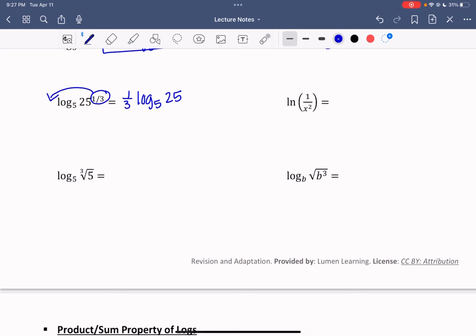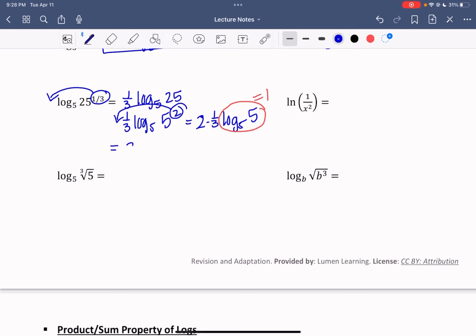But I've worked with 25 enough that I could say that's 5 squared. So I got another exponent, so I could bring it out front, just become a multiplier. So 2 times 1/3 log base 5 of 5. And then don't forget that property that when the base and what you're logging is the same, that's just equal to 1.